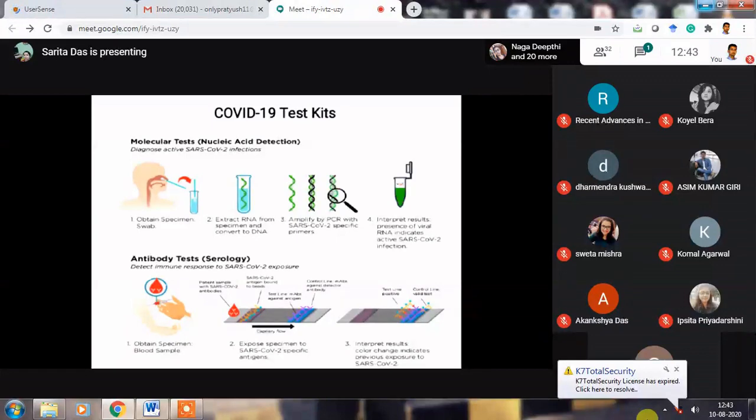This type of kit is used for serodiagnosis. In the first case, the nasal and throat swabs are taken, which are supposed to be contaminated with the viral nucleic acid, and then that will be put and run in the real-time PCR.